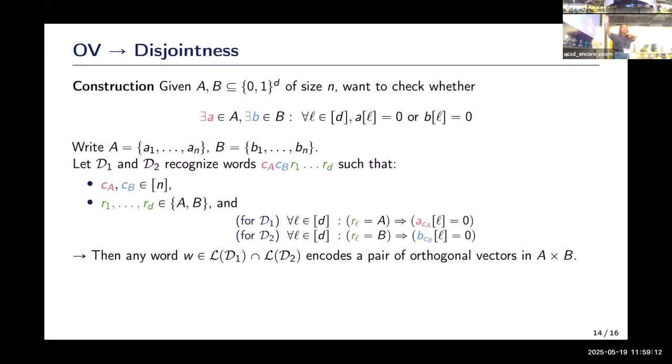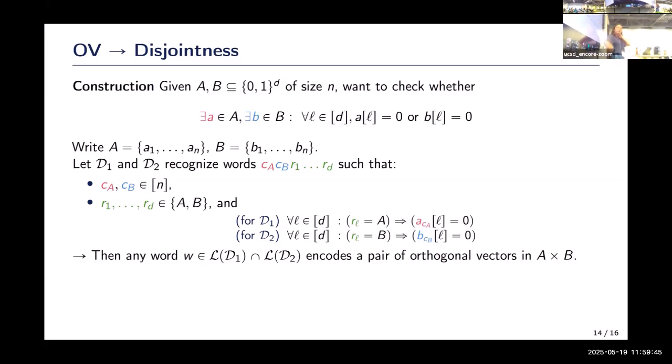So basically, I want the DFAs to recognize words of this shape. D1 is only going to care about the choice of A, which is going to be the first character. D2 is only going to care about the choice of B, which is the second character. And then I have those d characters here, which assign the responsibility to either A or B to provide the 0. So if for some coordinate l the responsibility is assigned to A, then D1 has to check that, well, the chosen vector A indeed provides the 0.